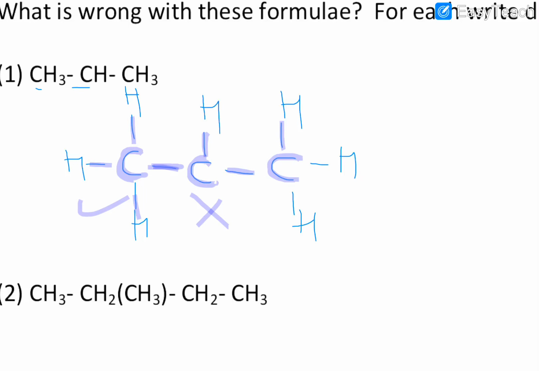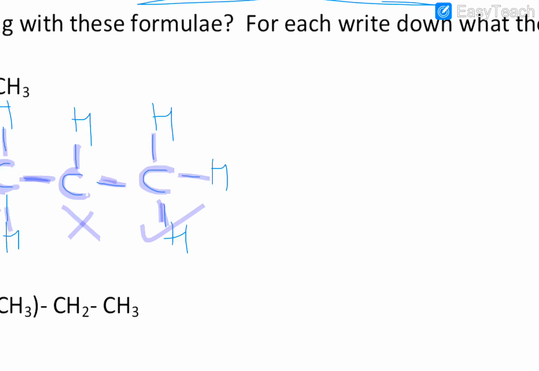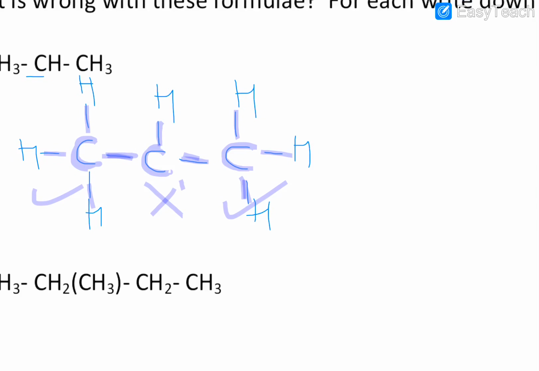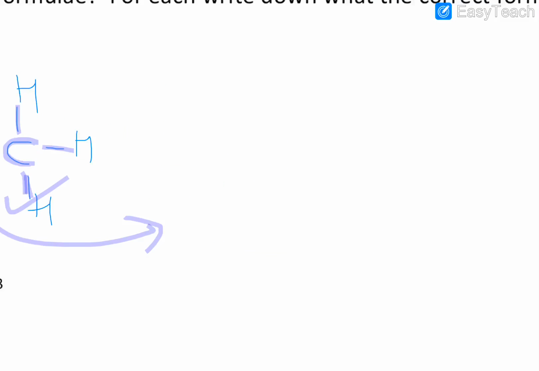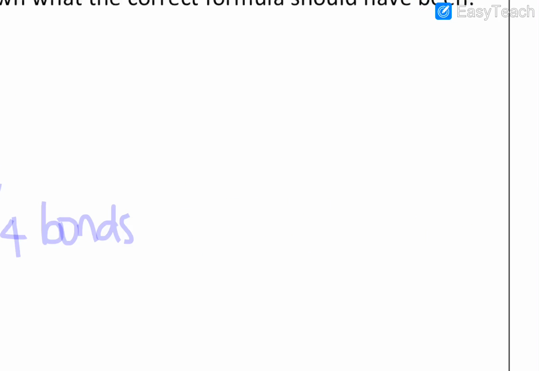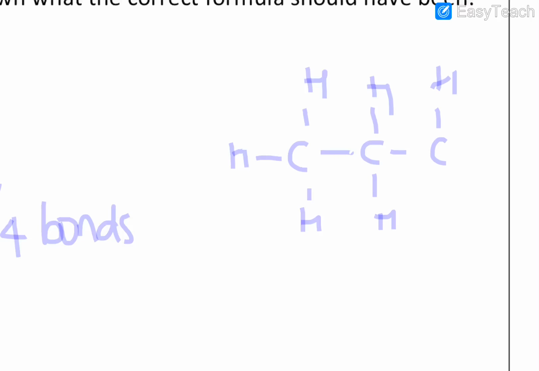This carbon is forming 1, 2, 3, 4. Forming 4 bonds. So this is good. So which means that this carbon should form 4 bonds. So which means that the structure should have been CH3, CH2, CH3.